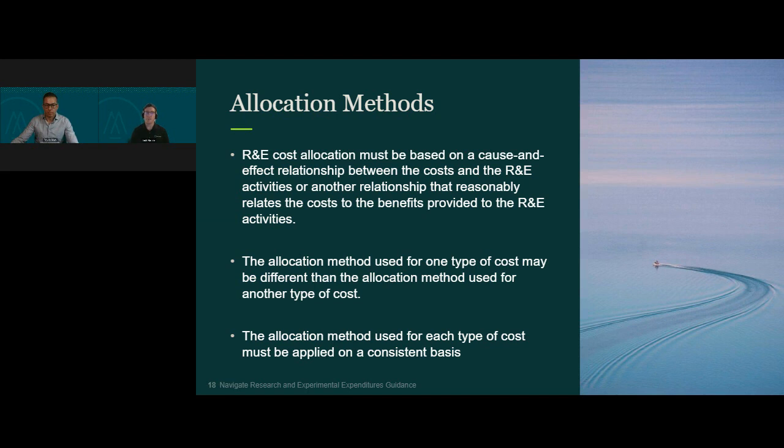So for example, a taxpayer may allocate labor costs by multiplying those costs by a ratio of the total time a person spent on R&E activities compared to their total time on all services. Whereas a different example might be a taxpayer allocating facility costs by multiplying the amount of R&E square footage to the total square footage of a facility.